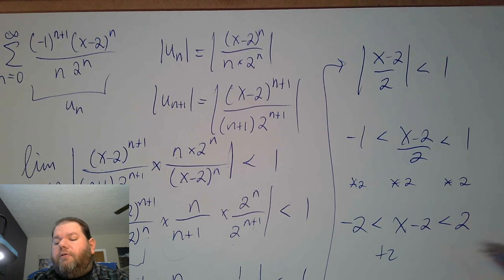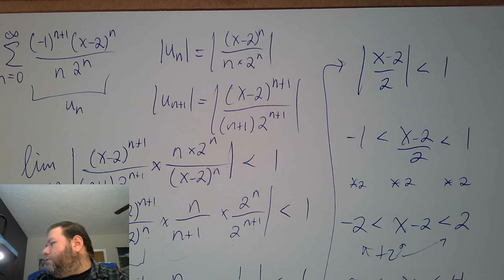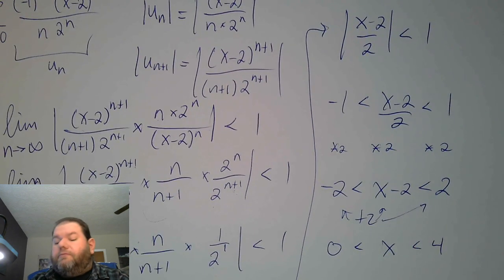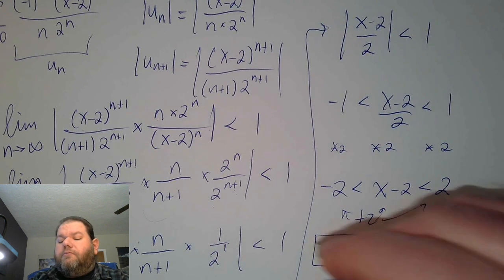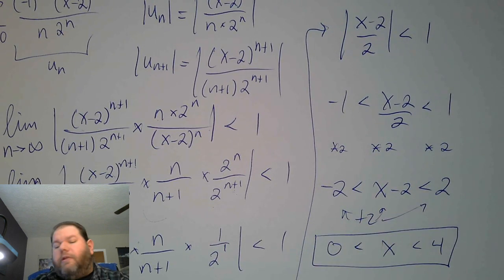And we can add 2 to everything to make that 0 less than x less than 4. And now that's our interval of convergence for this particular power series. It can only converge between 0 and 4.